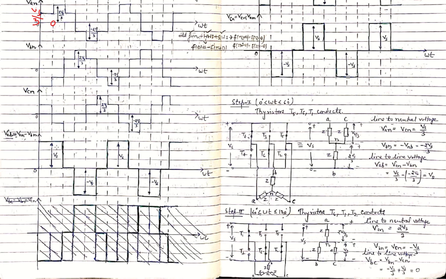So how will we find the RMS value of this VAB, the line voltage? For the 180 degree duration it is conducting up to 120 degrees. So 120 divided by 180 into the full voltage Vs, in this way we obtain the RMS value of the full line voltage.